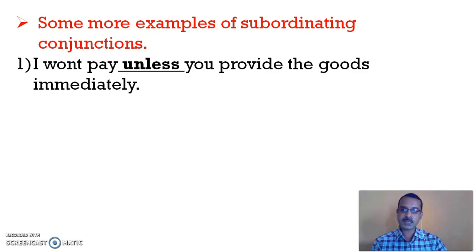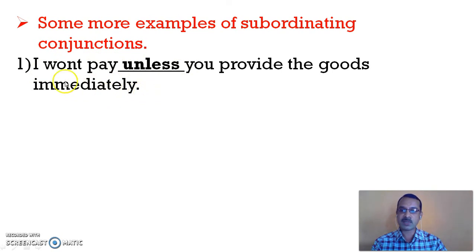This is the first example. In this example, as I told you, there are two clauses. The first clause is I want to pay and another clause is you provide the goods immediately, and these two clauses are joined or connected by the subordinating conjunction unless, forming one meaningful complete sentence.